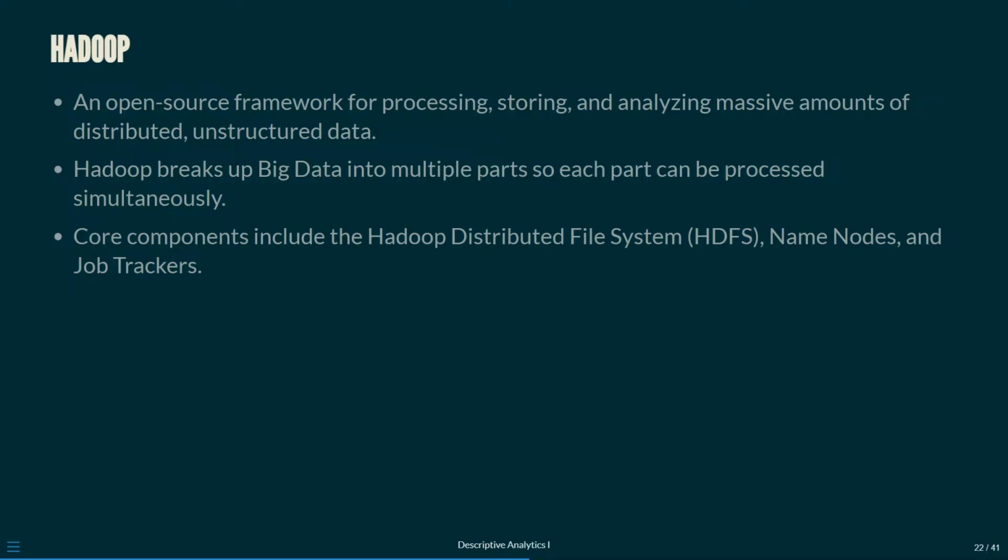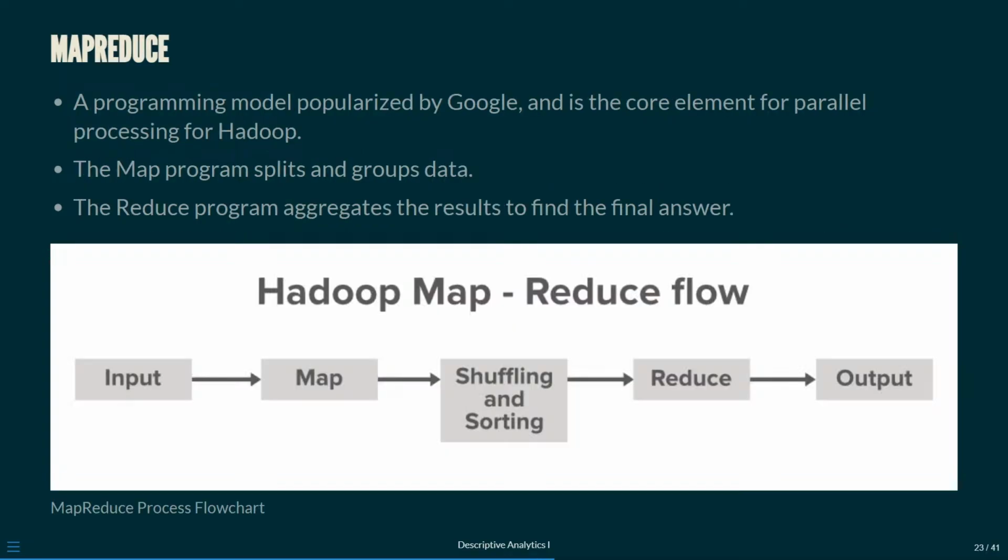This is an example of grid computing, where many computers perform the same task or query from the same database. The core components include the Hadoop Distributed File System, or HDFS, name nodes, and job trackers. And this is MapReduce, one of the core components of Hadoop.